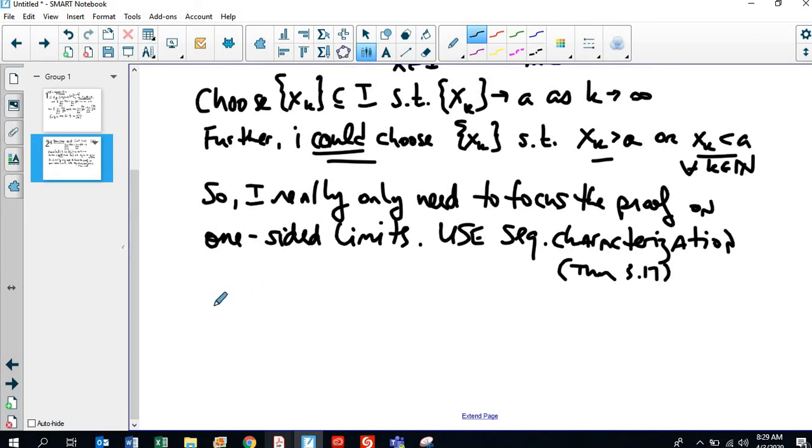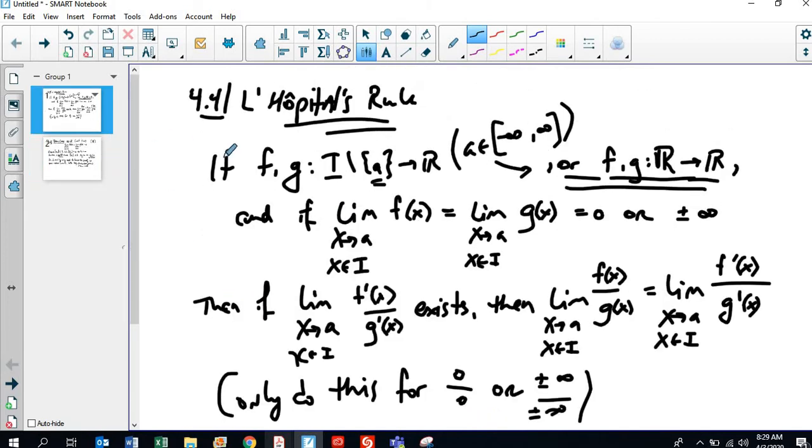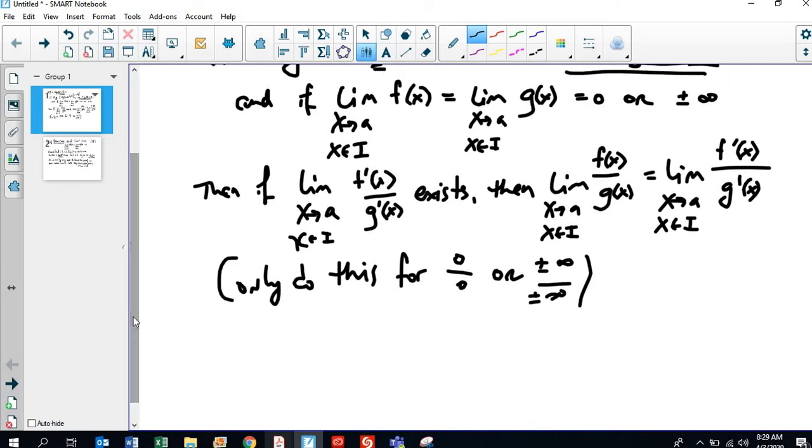Okay, so anyhow, one of the hypotheses here that I did not state, because we're used to just throwing this out here, we actually need in this hypothesis here that g of x is not 0 and g prime of x is not 0 on I minus a.